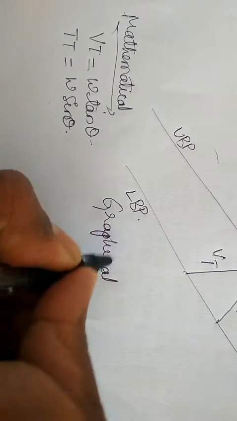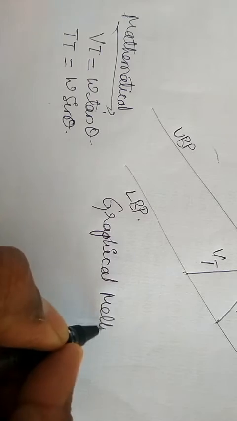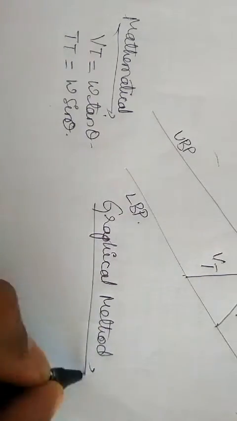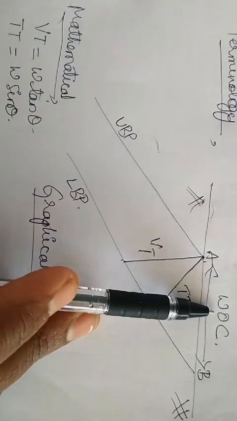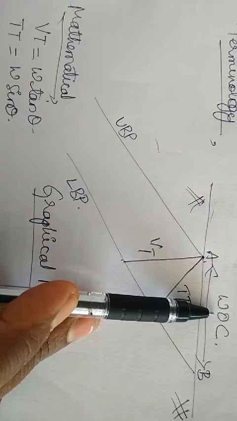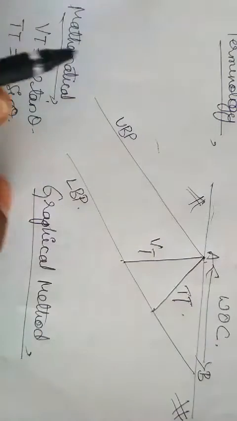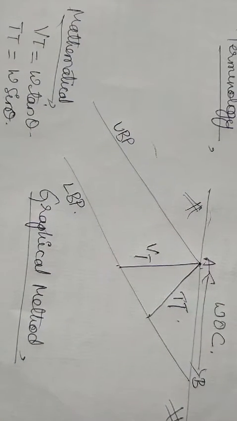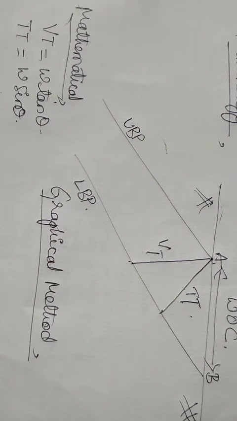By representing the given data in graphical form, we derive the vertical thickness value, true thickness value and width of outcrop values. So these are the basic terminologies we should know before going for the solution of the problem. Next we will start with the problems.